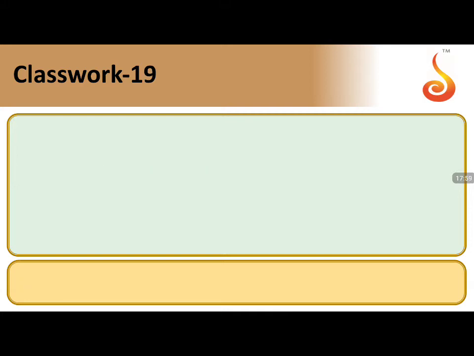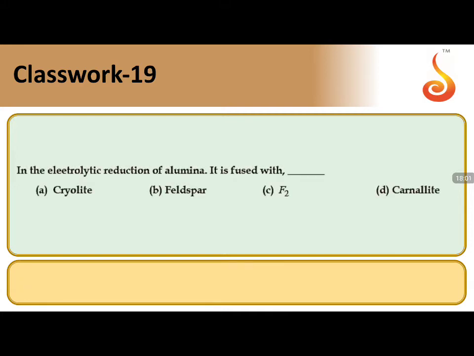Very good. Next, moving to question number 19, electrolytic reduction of alumina, it is fused with. So alumina is reacted with cryolite. The purpose is to decrease the melting point and to increase the conductivity of the electrolyte solution.